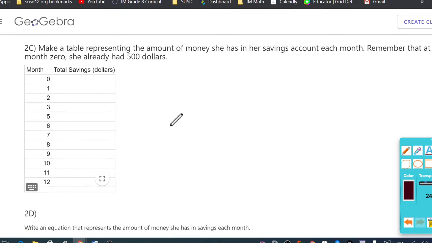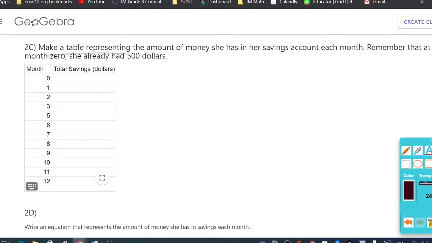Okay, next. Make a table representing the amount of money she has in her savings account each month. Remember that at month 0, she already had $500, so you can put 500 right here for month 0. And she earns twice as much as me. My YouTube channel earned $500 a month, so hers earns $1,000 a month.